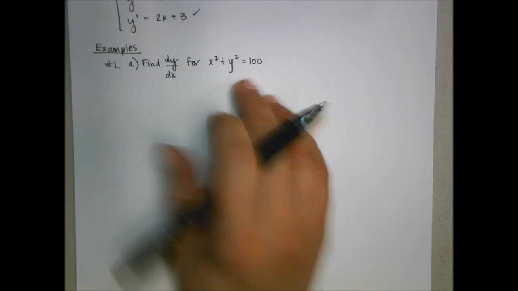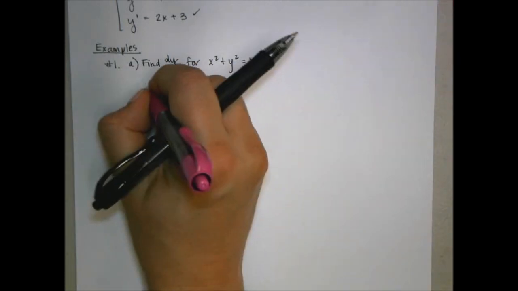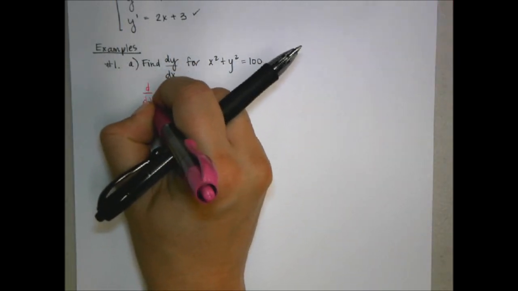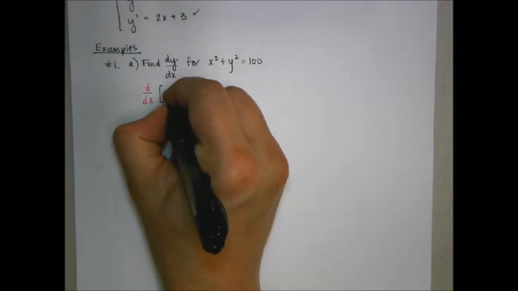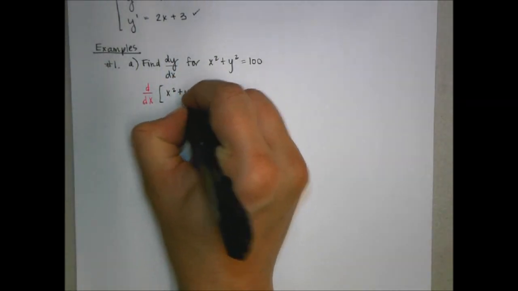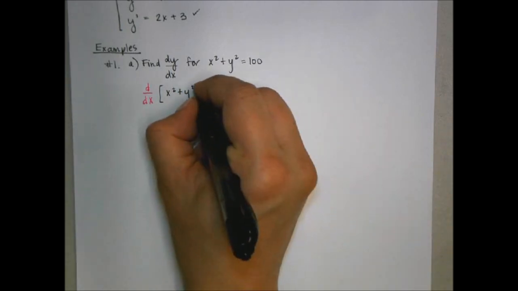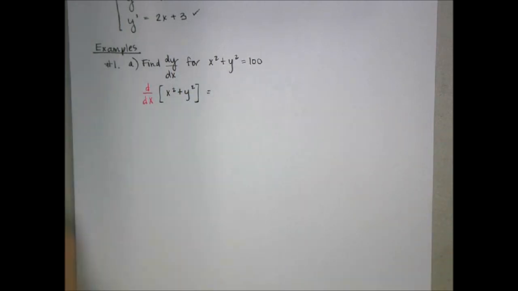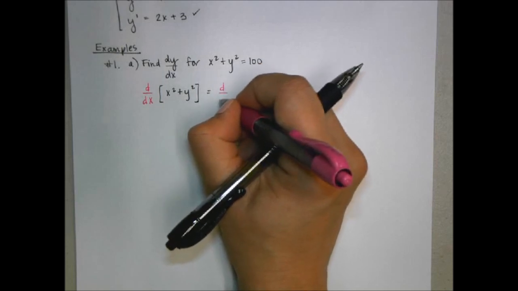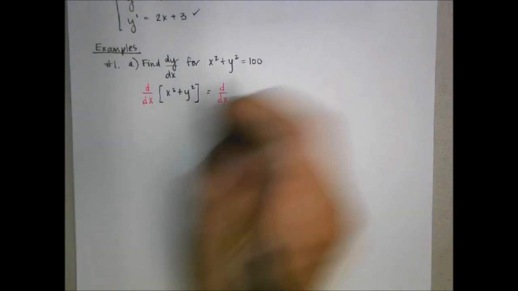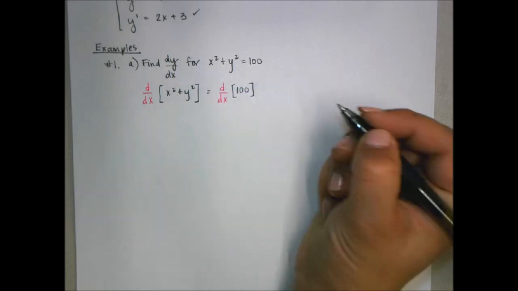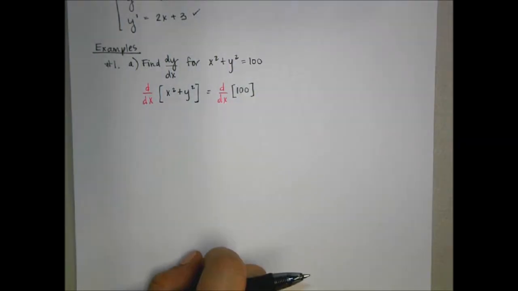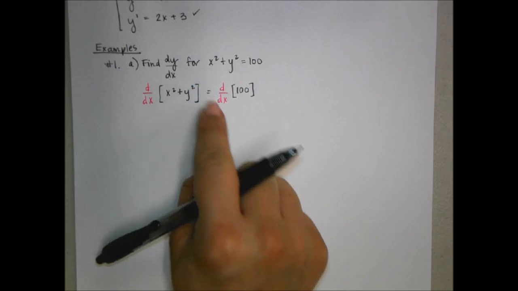All right, so I'm going to write derivative with respect to x of x squared plus y squared is equal to the derivative with respect to x of 100. So I'm just taking the derivative of each side of my equation. That's it. I'm kind of inserting a derivative on each side.